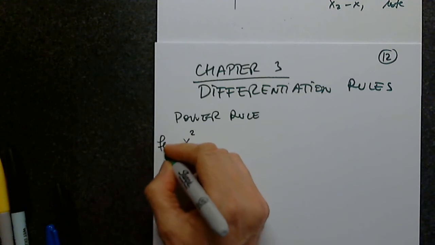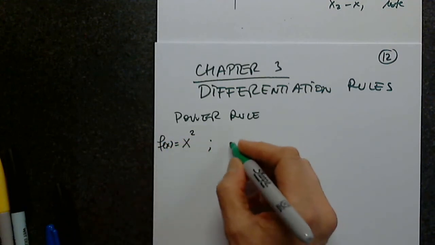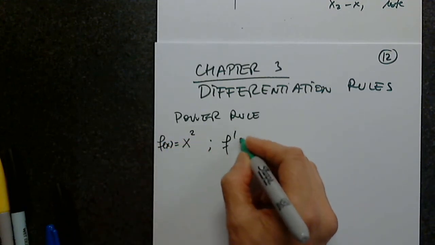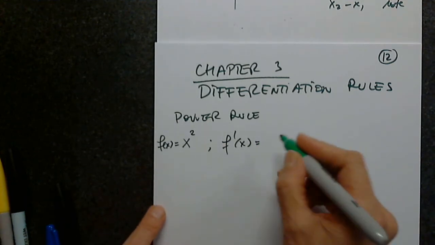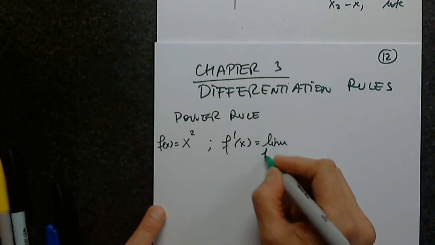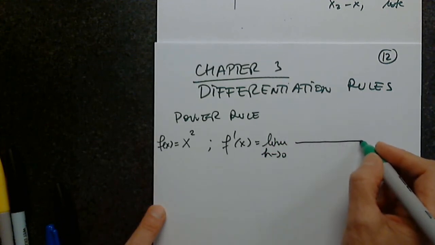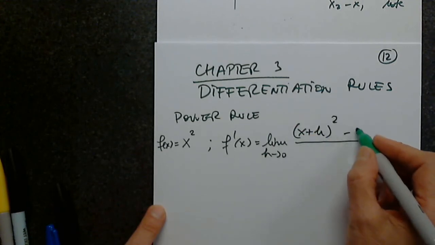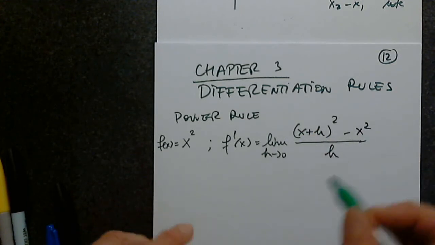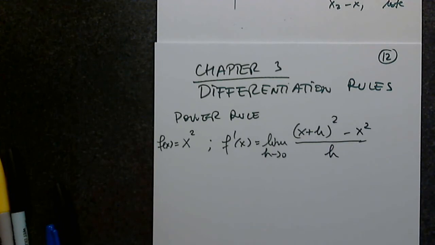So we're given a function f of x equals x squared, and we want to find the derivative of x squared. We're not going to do all of them, just a couple. So using the definition, this is the limit as h approaches 0 of (x + h)² minus x² divided by h. This is the definition, the limit of the difference quotient for the function given, which is x squared.